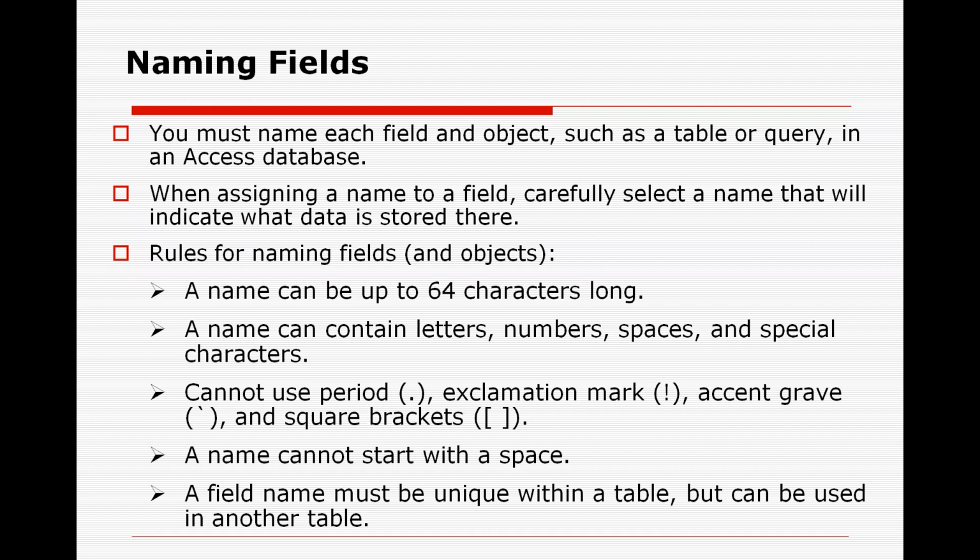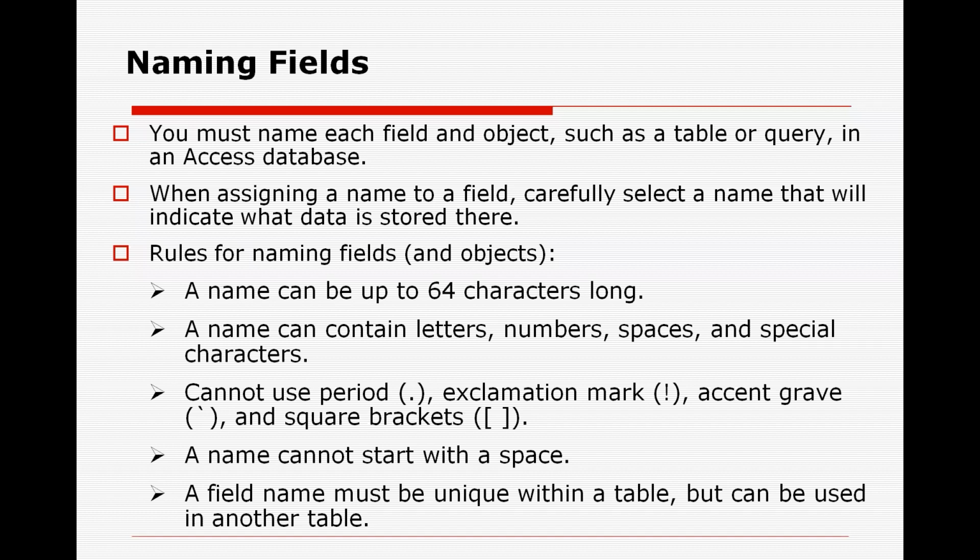That means your field name should be meaningful. Rules for naming fields and objects also. Fields mean a table's fields. An object means tables, queries, reports, forms. A name can be up to 64 characters long. Maybe this depends on the newer versions.